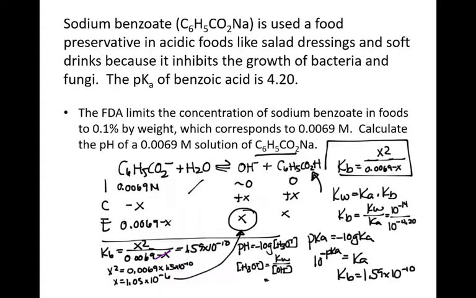All right, so we can calculate H3O plus: 10 to the minus 14, which is Kw, divided by our x, 1.05 times 10 to the minus 6, which gives us an H3O plus of 9.52 times 10 to the minus 9. And then if we calculate pH, we get that the pH is 8.02, a slightly basic solution.